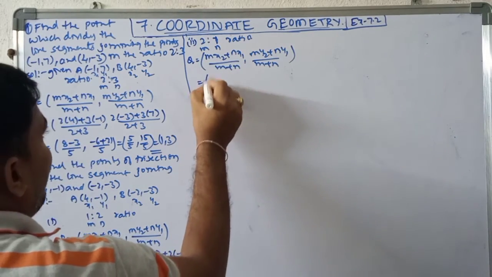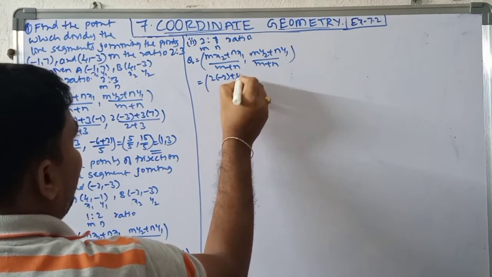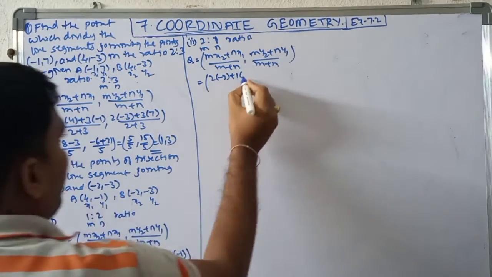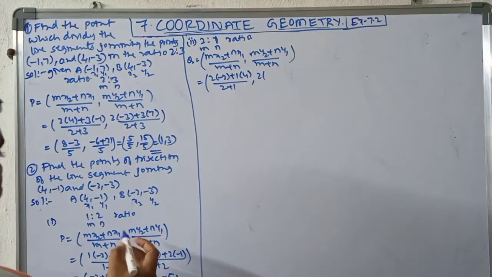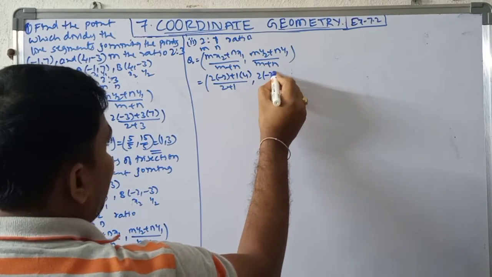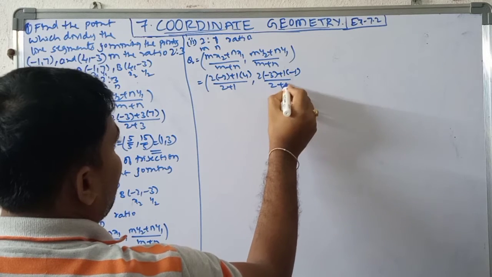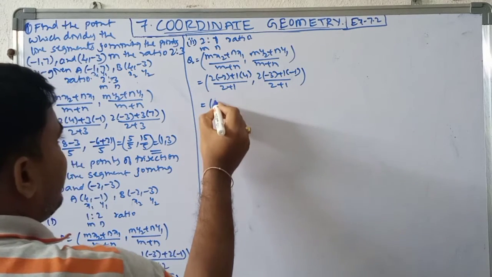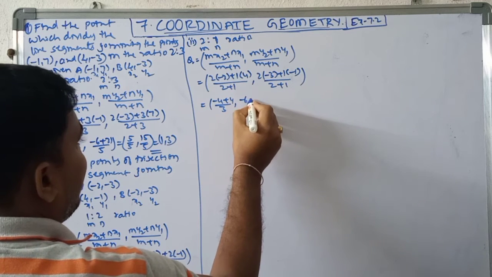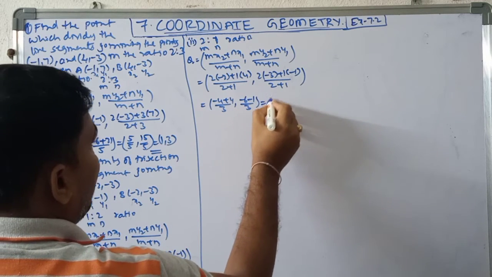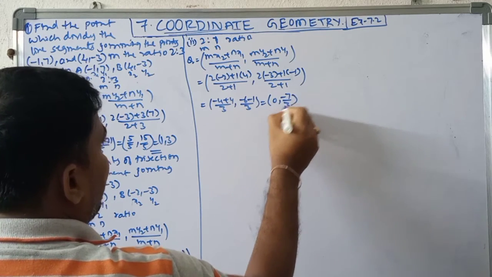So equal to 2 into -2, 1 into 4, over 2 plus 1, comma, 2 into -3, 1 into -1, over 2 plus 1, equal to (-4 plus 4)/3, comma, (-6 minus 1)/3. Minus 4 plus 4 is 0, so 0, comma, minus 7 by 3.